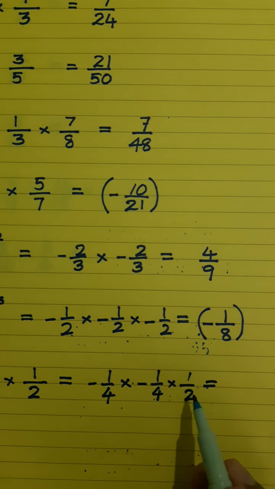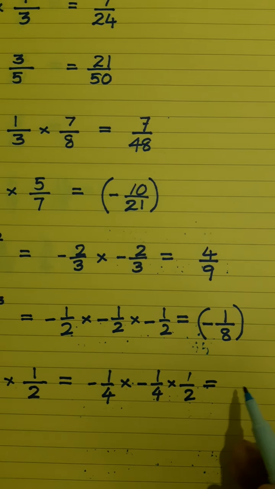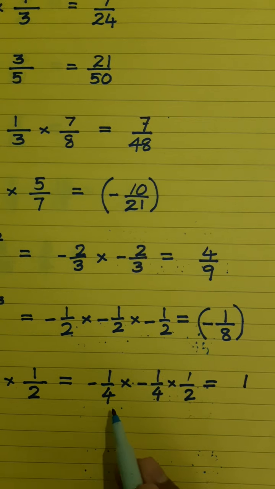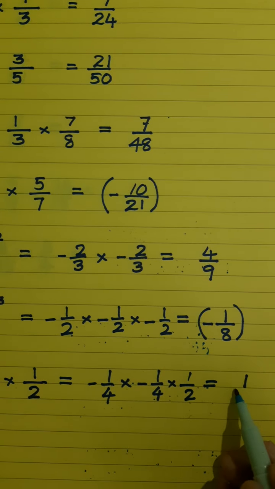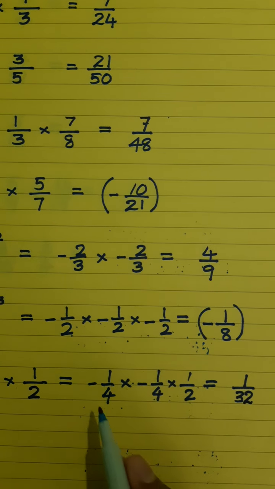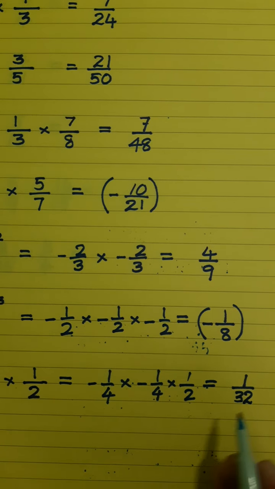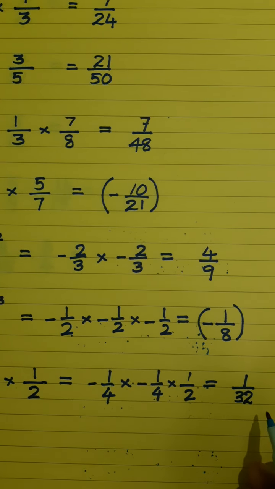When we multiply all the numerators together, 1 into 1 into 1, the answer is 1. 4 into 4, 16. 16 into 2, 32. Then you can decide the sign. Minus into minus, plus, plus into plus, plus. So the answer is plus 1 over 32.